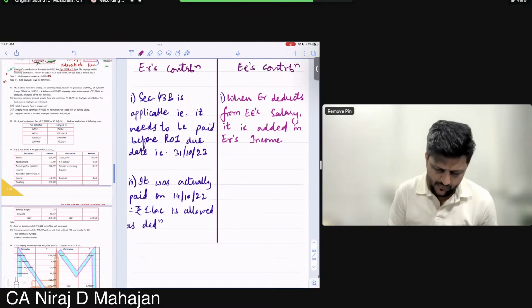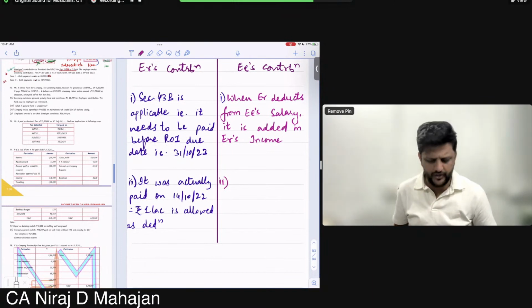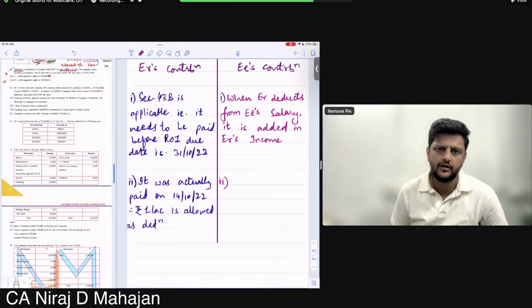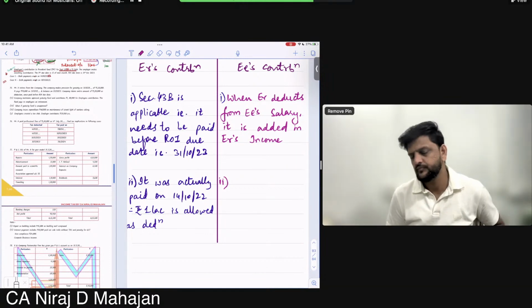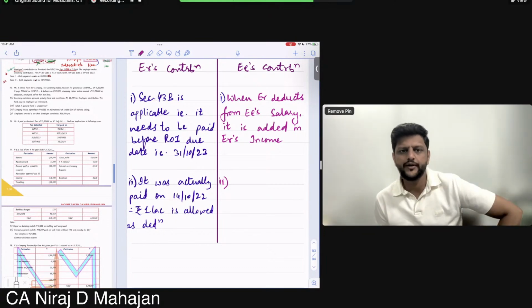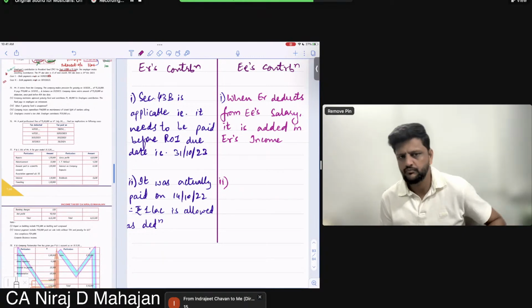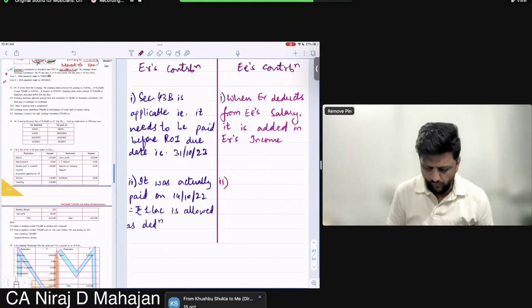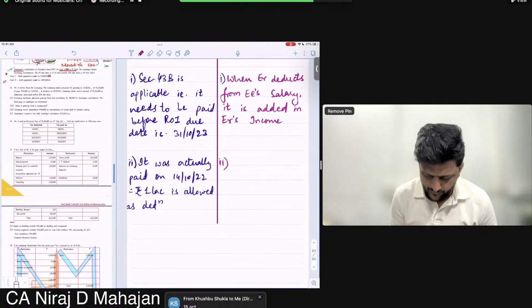Second, very important. In the same table which we had seen some time back, by when should you contribute? Only then you will get a deduction. Which due date now? PF due date. Very good.